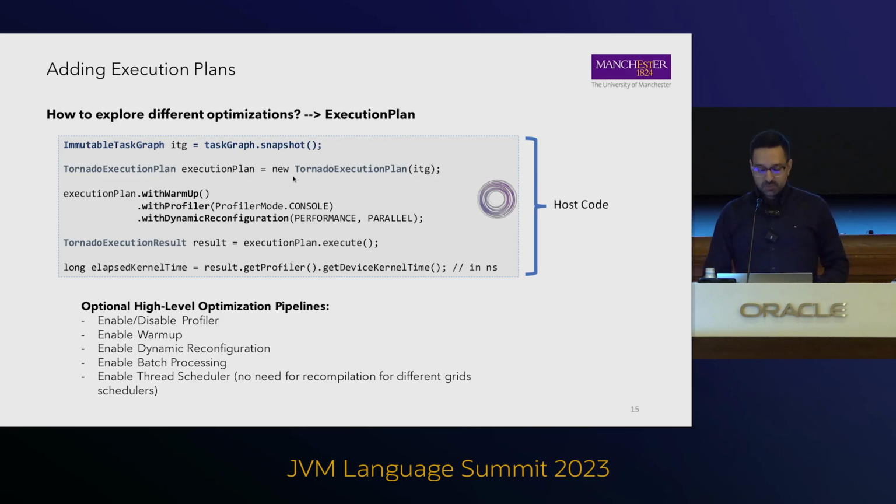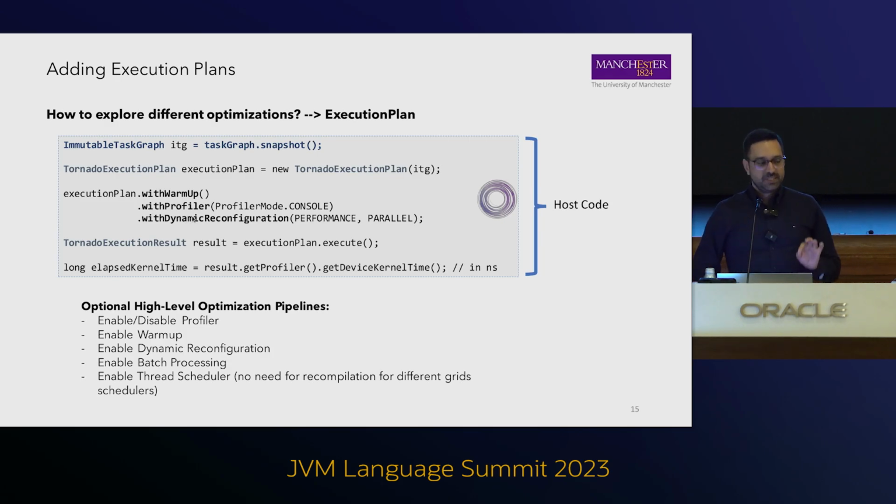So we create an execution plan with the immutable task graph. And from the execution plan, we can call many things. We can do a warm-up phase, we can call the profiler, we can do dynamic reconfiguration. This is very cool.